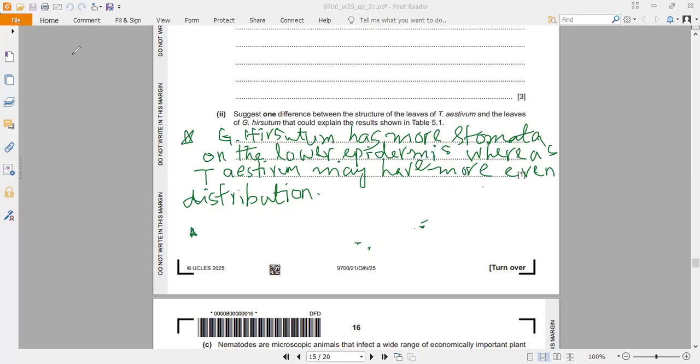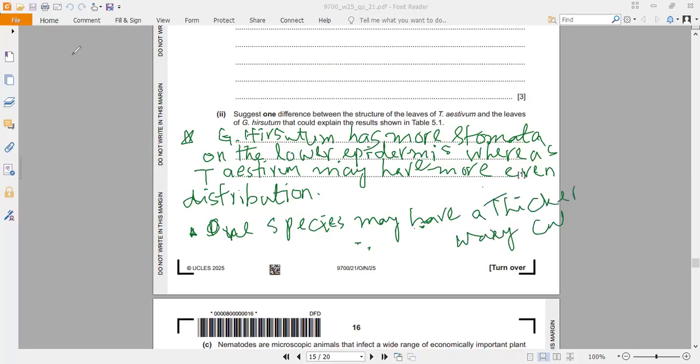The second possible answer is the presence of a waxy cuticle. One species may have a thicker waxy cuticle.